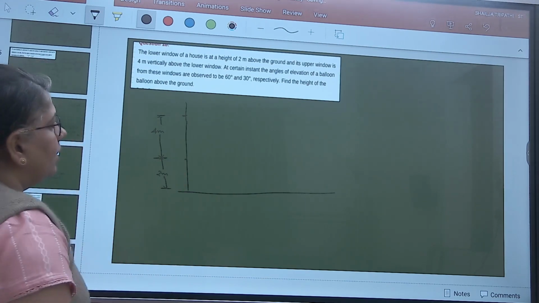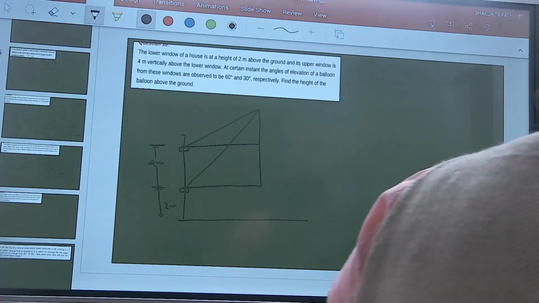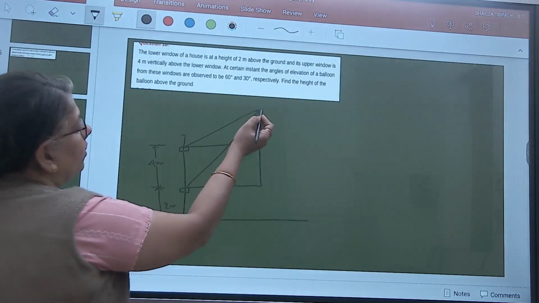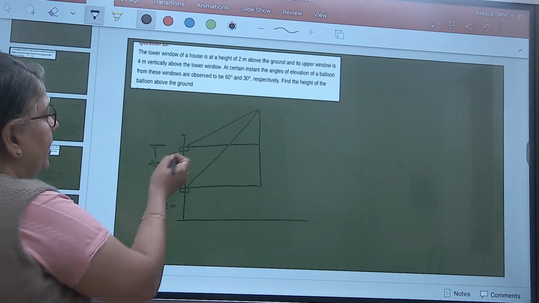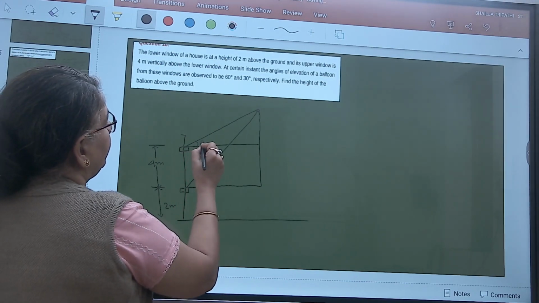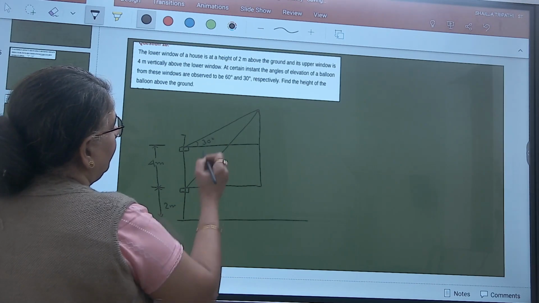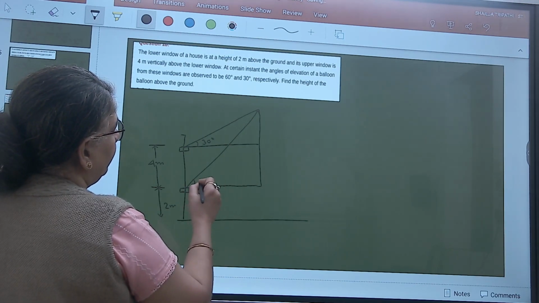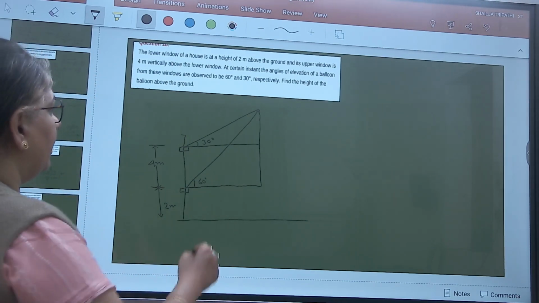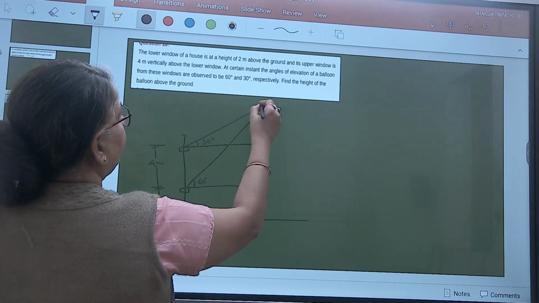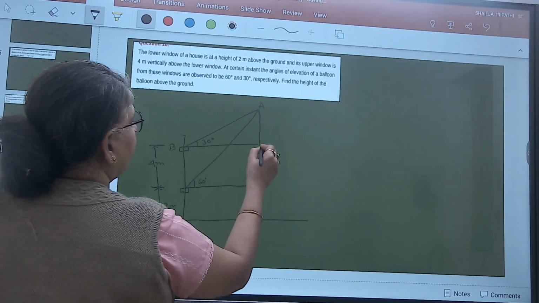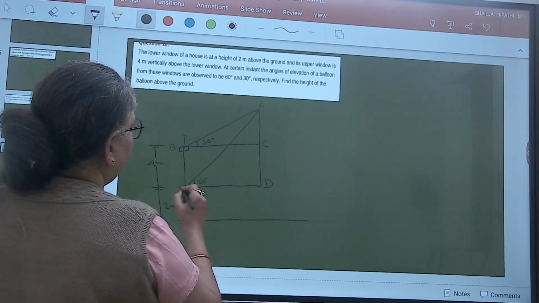The balloon is being observed from this window, so the angle of elevation is 30°, and from the lower window, the angle of elevation is 60°. So let's label the figure A, B, C, D and E.